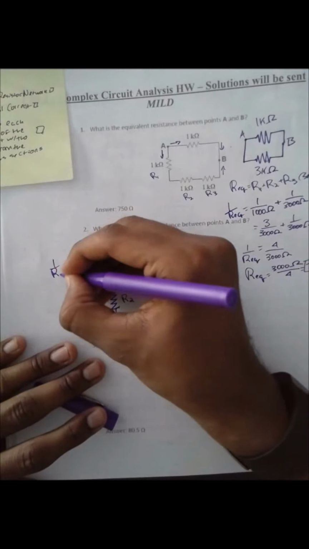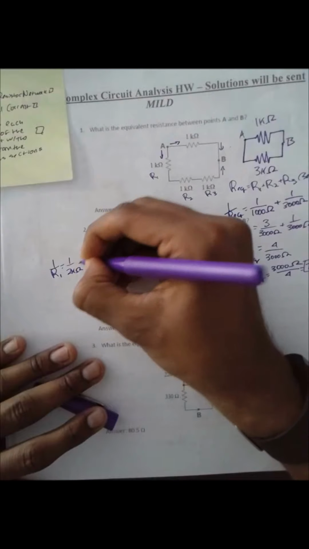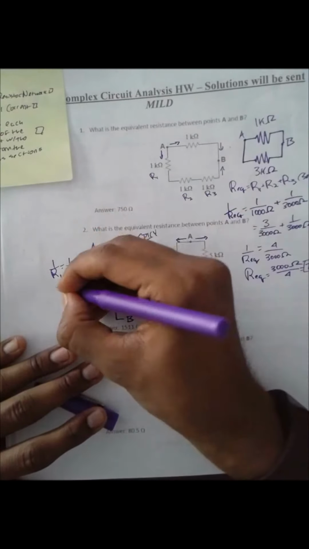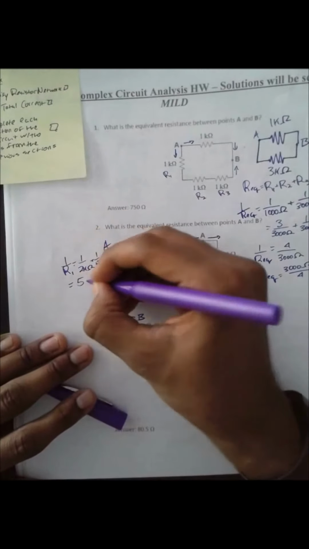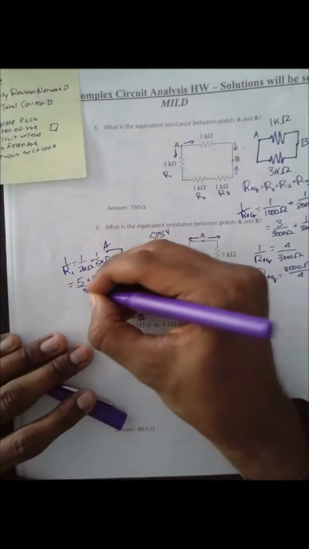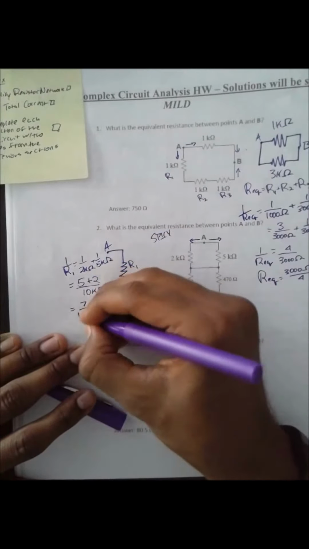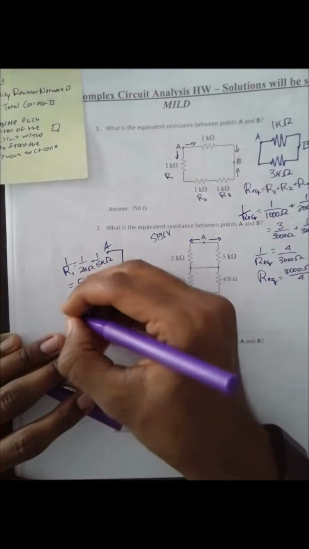And so then 1 over R1 is equal to 1 over 2 kilo ohms plus 1 over 5 kilo ohms. If we do some math here, we can see that we got 5 plus 2 over 10 kilo ohms, right? This is some old school mixed number or fraction, I don't remember.